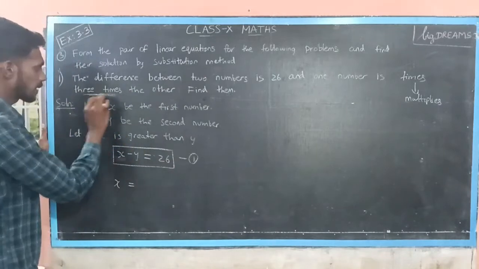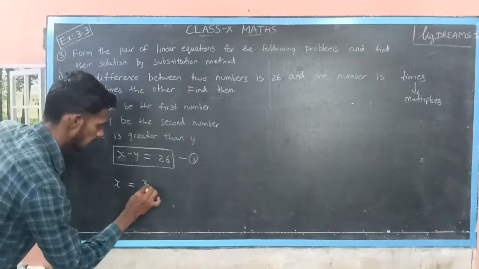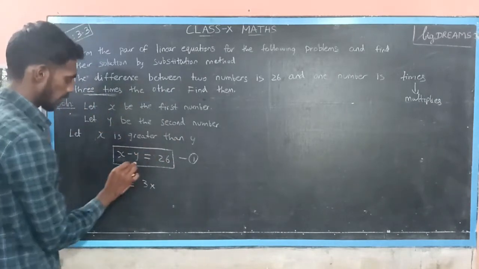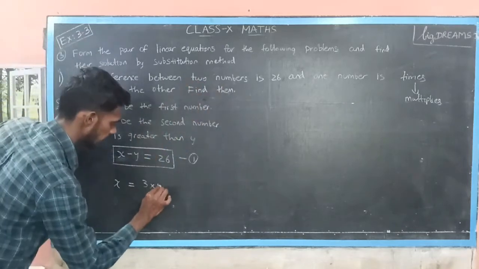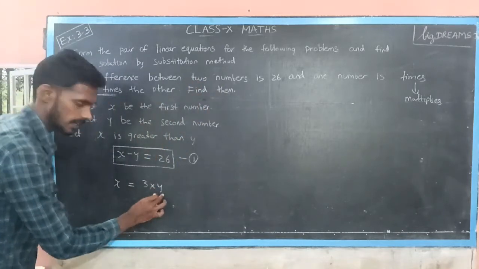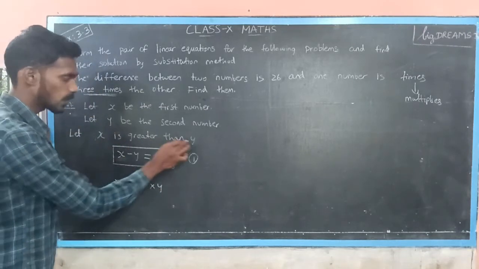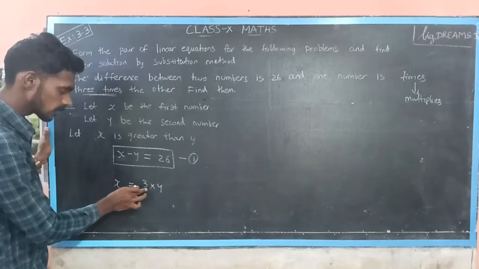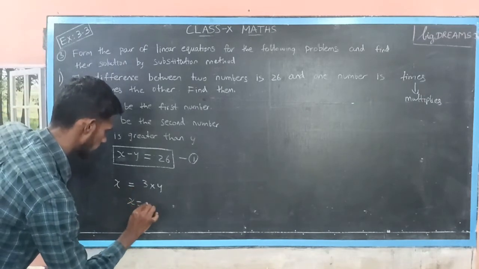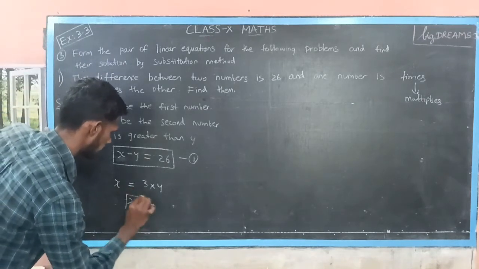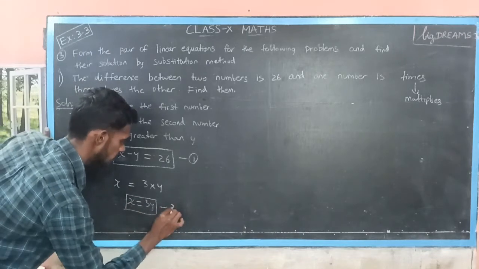So, 3 times means multiply the other number y by 3. So, it is 3 into y. We have assumed x is greater than y, so x is equal to 3y. Thus, we have framed the second equation.